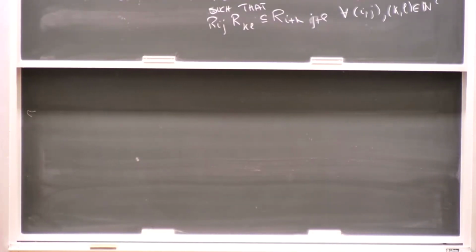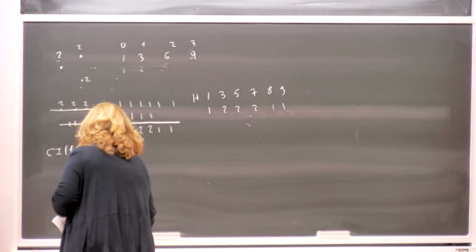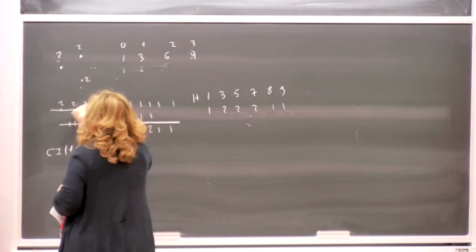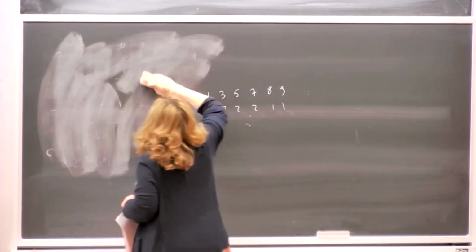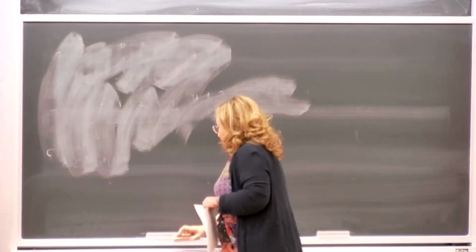So let's now define the ideal. Of course, an ideal is defined by bihomogeneous forms.